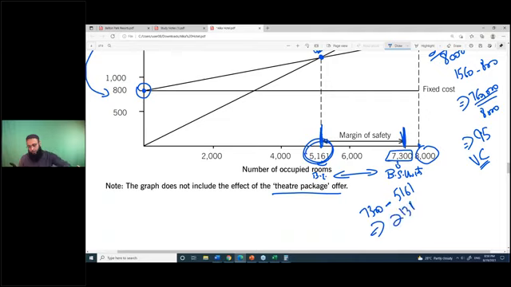It's 2,139. And if I convert this into percentage, so the answer that I'm getting here is 29.3% is margin of safety. So guys, 29.3% is your MOS, margin of safety.